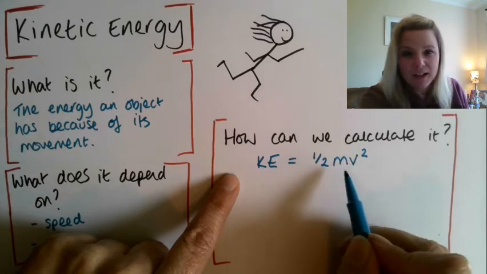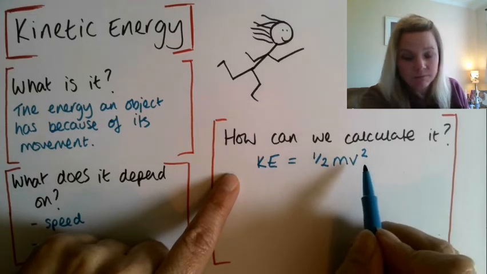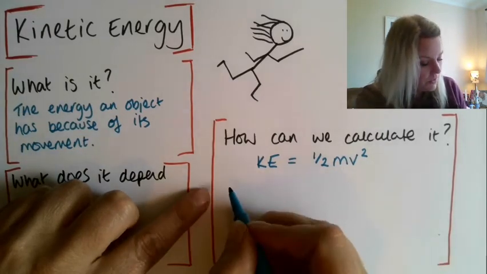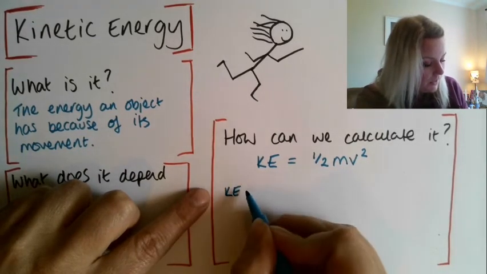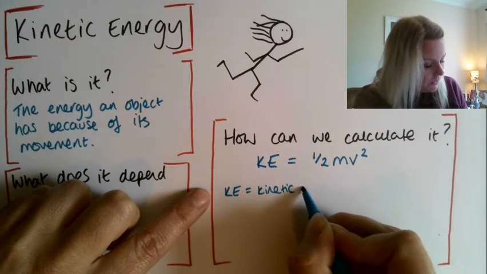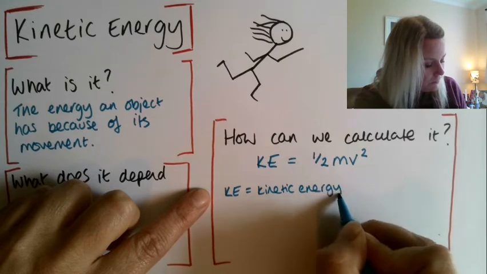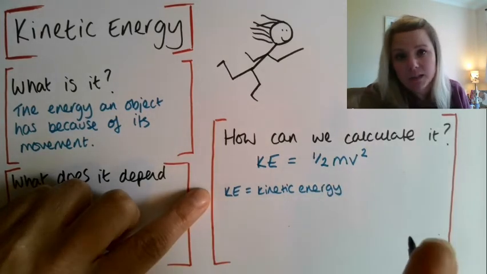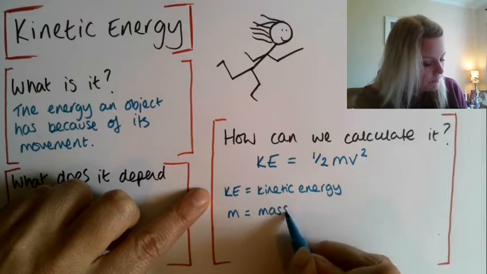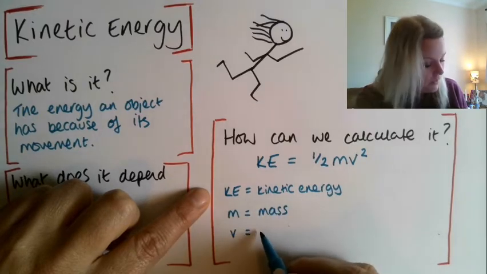It's not the half or the M, it's just the V. Okay, so let's write down what all the letters stand for as well. So KE is the kinetic energy. A half is just a half, we don't need to list what it is. M is the mass, and V is the object's speed.